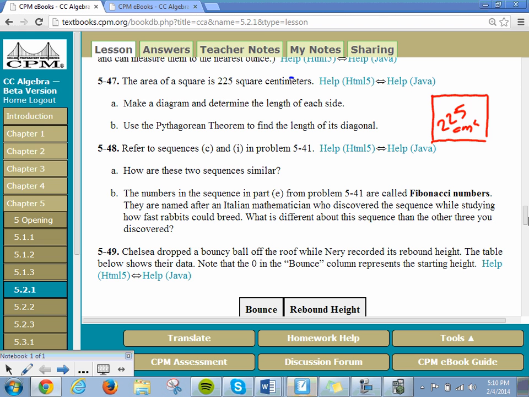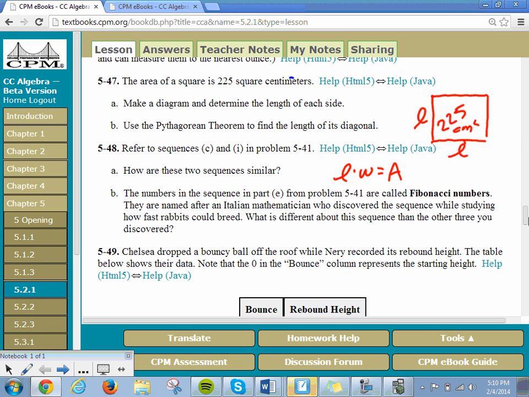So what you want to think is that when we're trying to find the length and the width of each side, we know that the length times width is going to be equal to the total area. And one of the special properties about a square is that the length and the width are going to be equal to one another.